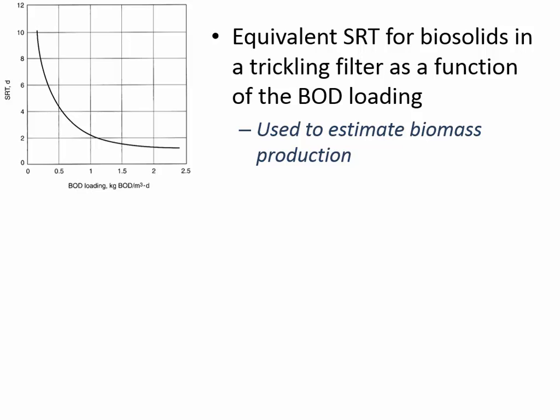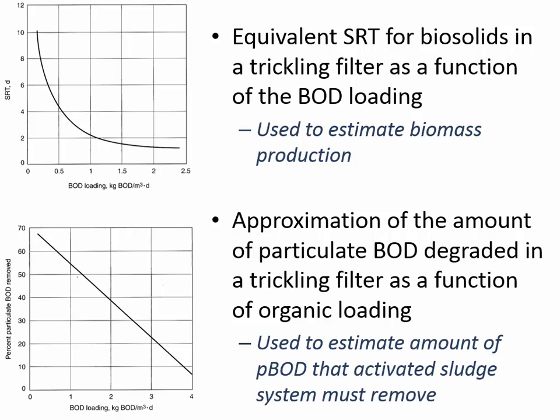So this figure shows the relationship between the BOD loading rate and the solids retention time. This is a classic relationship: the higher the BOD loading rate, the lower the solids retention time. You can use this to estimate how much biomass is going to be generated in the trickling filter and how much has to be removed from the clarifier.